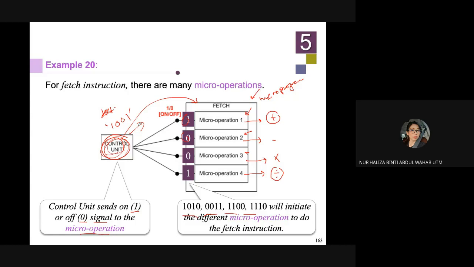While if, let's say, you send from your control unit the value of 0110, then you will get the operation for divide, subtracting, and also your multiplication. So this is just an example in your fetch instruction of why and how your control unit will be given the instruction.